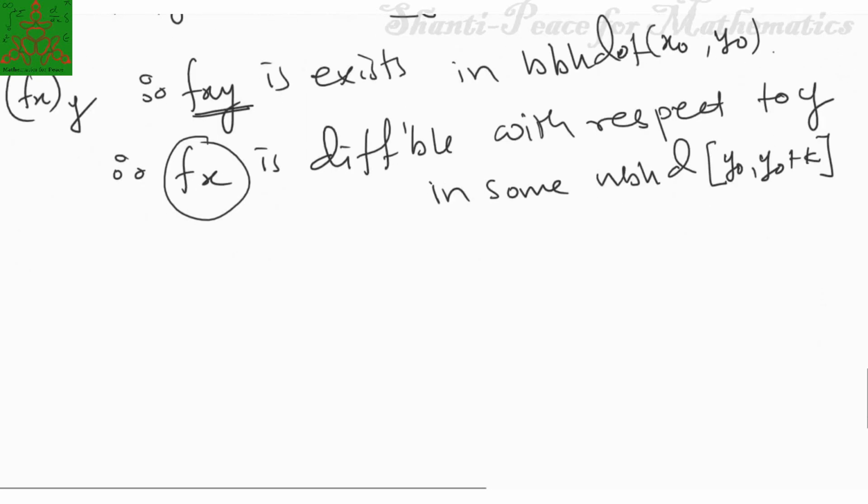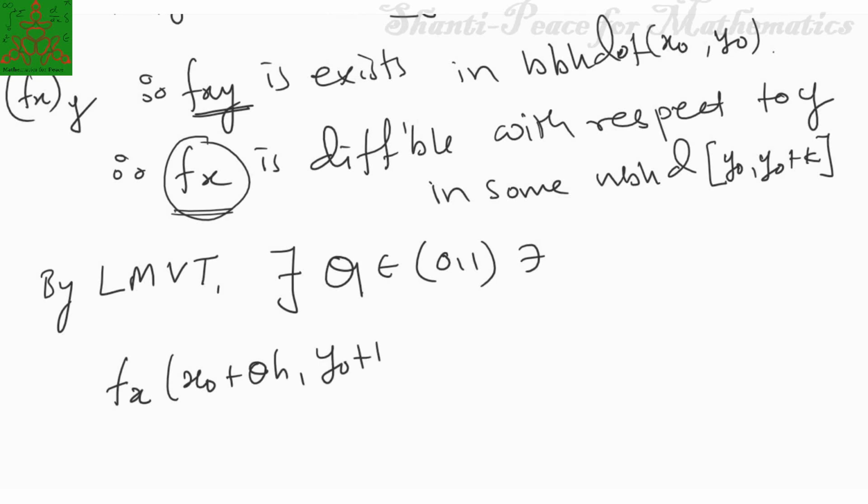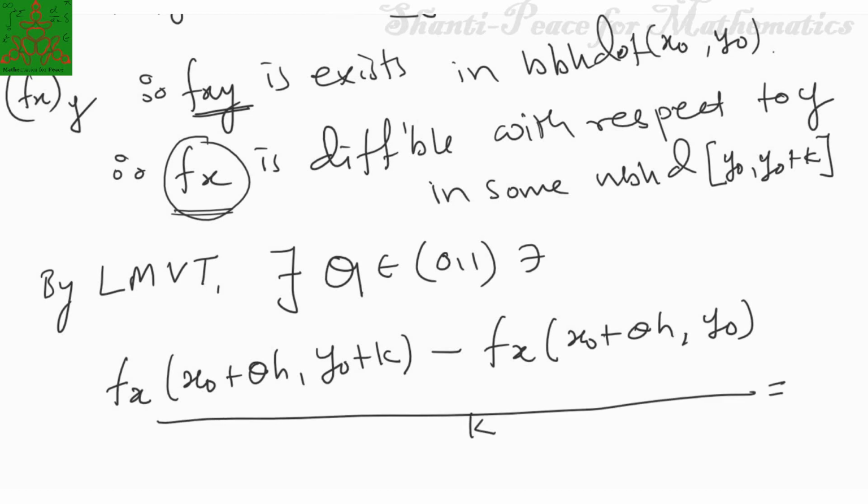Again, we are applying the LMVT for fx. By LMVT, there exists theta1 belonging to the open interval (0, 1) such that [fx(x0 + theta h, y0 + k) - fx(x0 + theta h, y0)]/k is equal to fxy, because the derivative is with respect to y, so it is fxy(x0 + theta h, y0 + theta1 k). Just notice that here the quantity x0 + theta h is fixed.